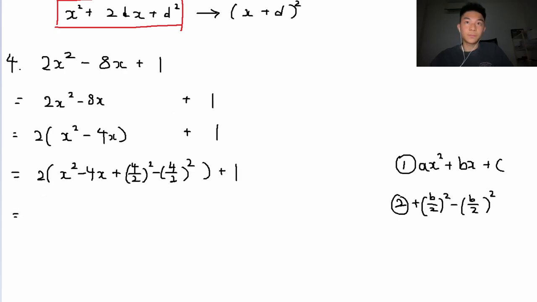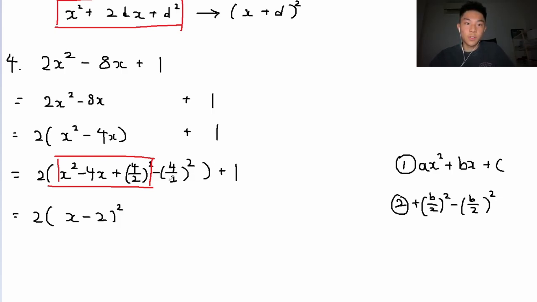So now we can rewrite this part. We get 2 times (x − 2)², again the negative sign. Now we want to simplify our constants.